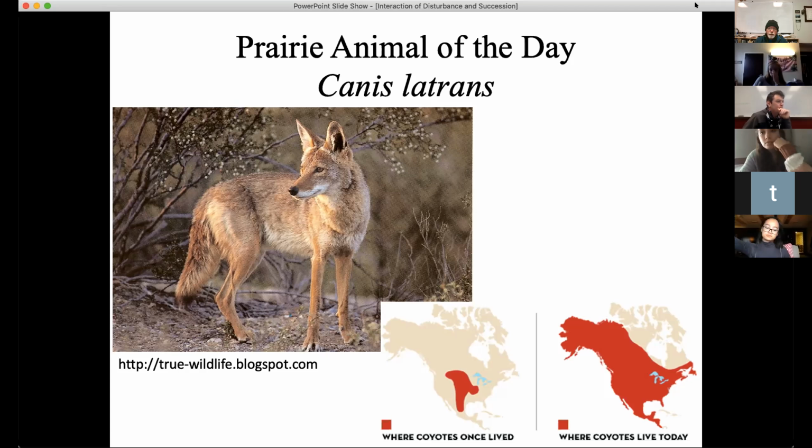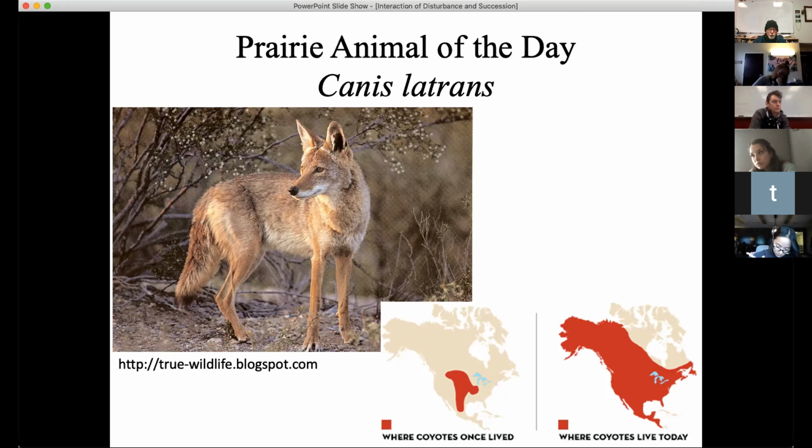One of the interesting things about the coyote is that it's one of the few mammal species that has actually thrived under human habitation. So the old native range of the coyote was pretty much limited to the plains of the United States, but once again, through the activity of humans disturbing natural habitats, they have expanded their geographic range widely.